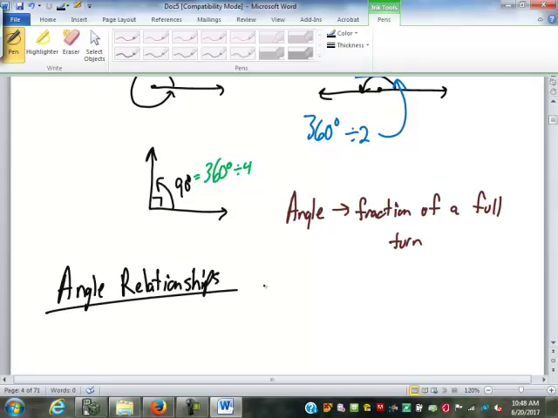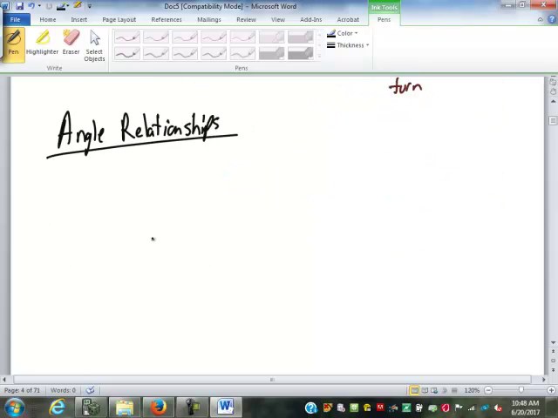The first one I'm going to talk about involves a common starting point. But instead of having 2 rays, I'm going to have 3 rays coming off of this.